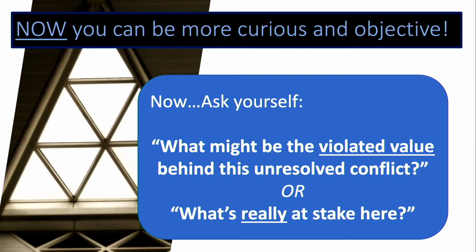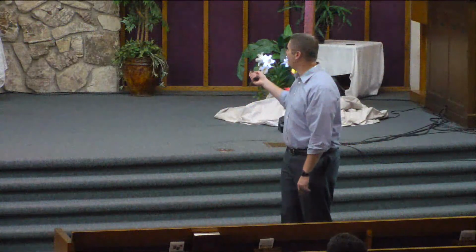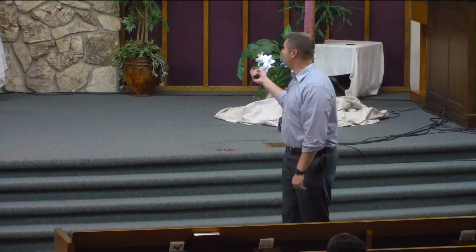And during the middle of the conflict, people who are on the inside aren't thinking about this. They aren't thinking about what is really at stake or what's the violated value. They just want the conflict to stop because they want to feel calmer. But as an outsider, you can really slow down and help them think through and reflect upon what might actually be happening for them.